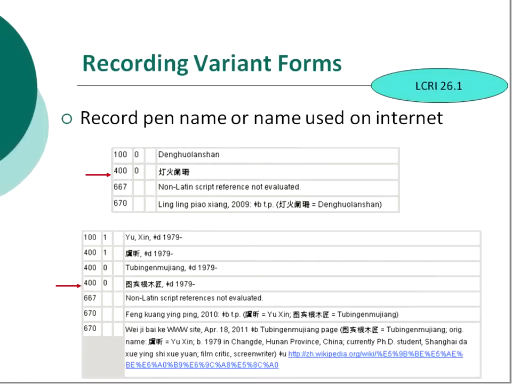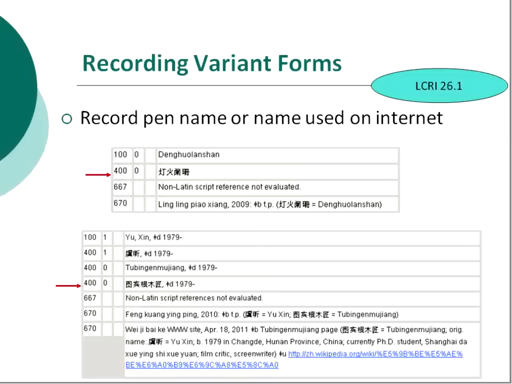Recording variant forms. Again, in the CJK area, or maybe not alone in the CJK area, another common situation is that authors sometimes use pen names to either publish or just for internet use.